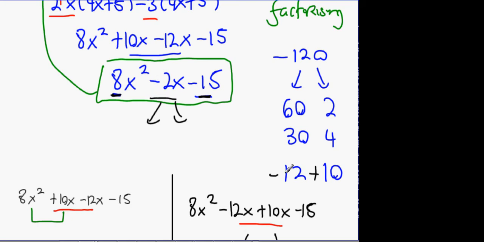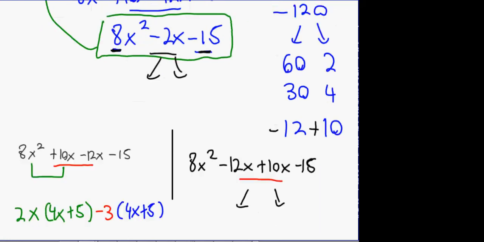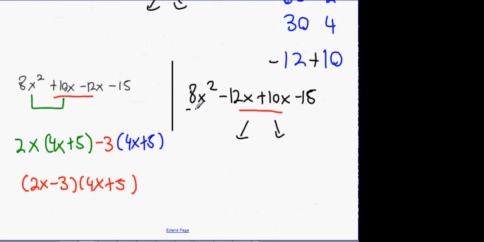Minus 12 plus 10. Change the middle number, which is minus 2x, into minus 12x plus 10x. Is it still minus 2? It is. Then go down. Factorize. What is the highest common factor between 12 and 8? 4.